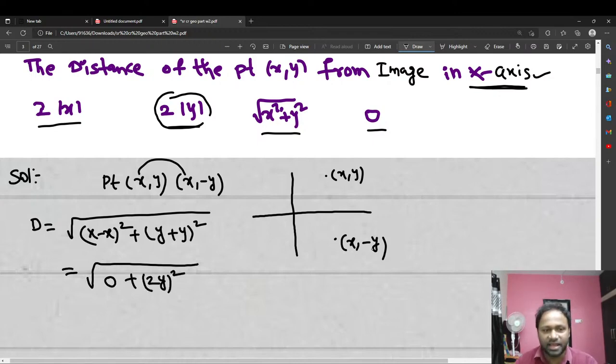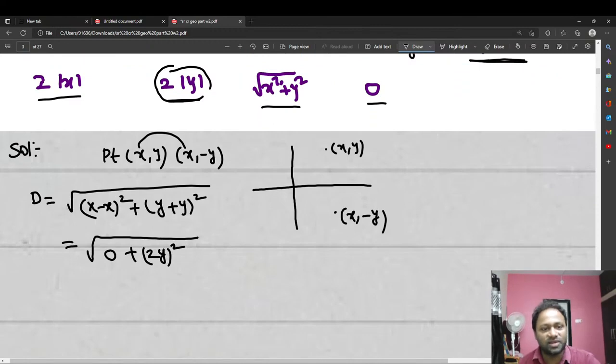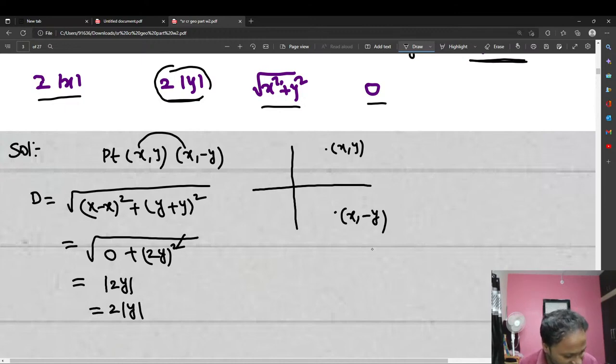Okay. Next, what it will be? The square root gets cancelled. That means mod 2y, or we can write it as 2 into mod y. Okay. So option B, most of the persons said option B. So option B is correct. Okay. So 2 into mod y will be the correct answer.